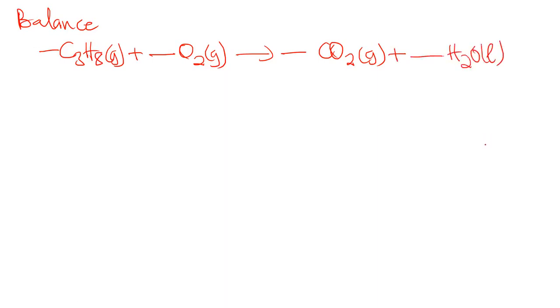Now for this reaction, always start with C. So a reaction like this one, where you have C3H something, C something, H something, start with C. So I'll look at the reactant side. We have 3C, and the product side we have 1C.